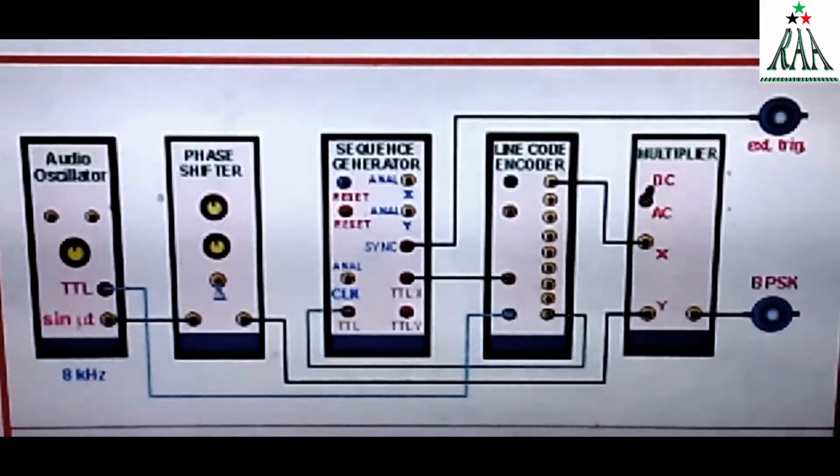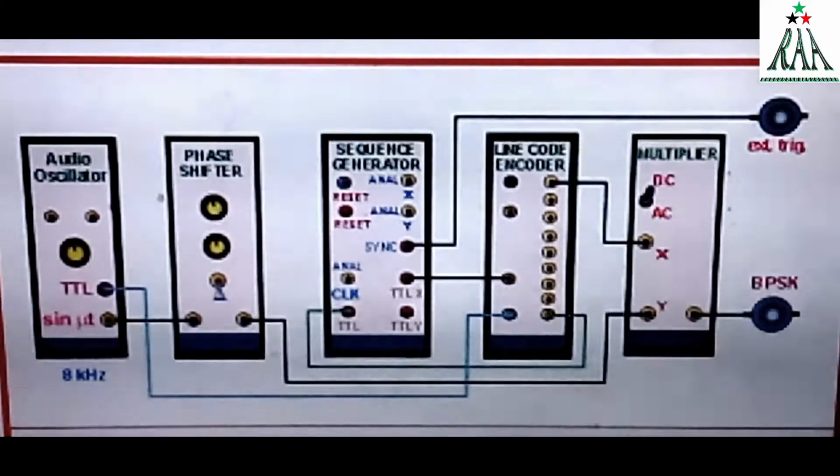For this purpose, we will use a sequence generator and line code encoder. The sequence generator needs some TTL to be driven. That TTL will be the bit clock, which is the output of the line code encoder, and the output of the sequence generator, TTL X, will be given to the line code encoder, and the clock of the line code encoder will be the TTL generated from the audio oscillator.